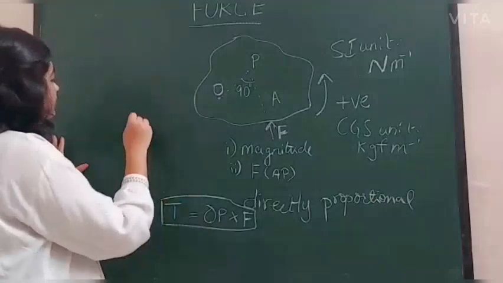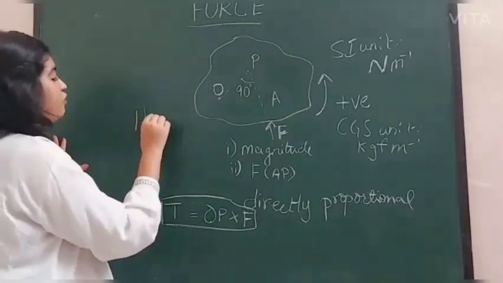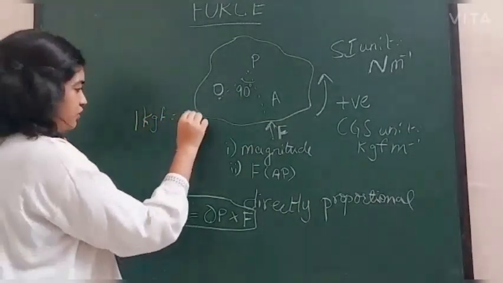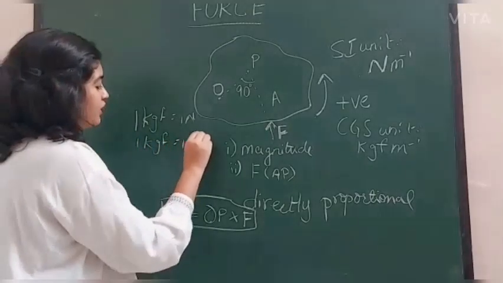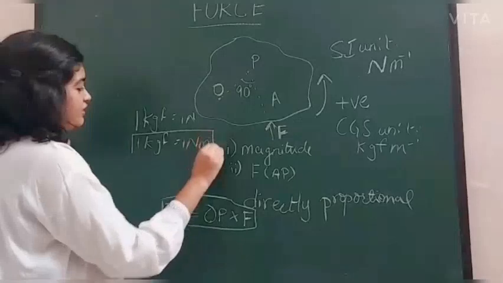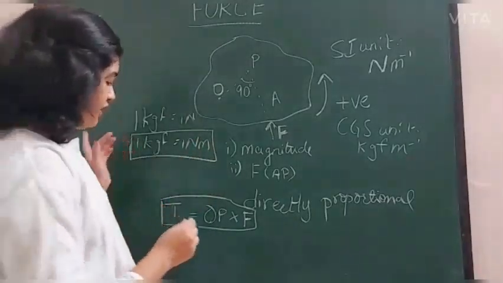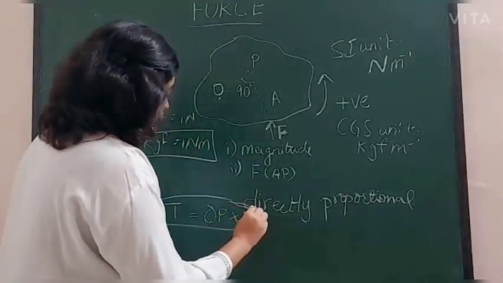In the earlier slides I have told you that 1 kgf is equal to 1 Newton. So remember this relation, it's very important. In the first slide also I told you this before.